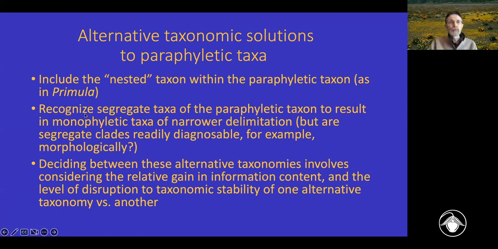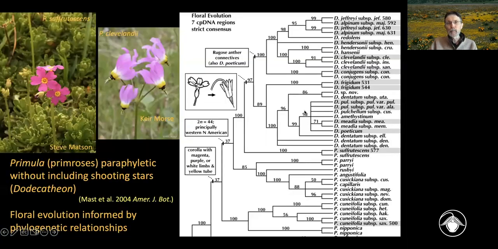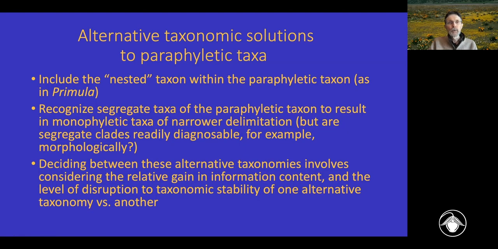But another alternative solution would be to recognize segregate genera of the paraphyletic taxon, that is to break up Primula into a set of monophyletic genera, which in this case would require several of narrow delimitation. And also the question arises, are these segregate genera readily diagnosable, for example, morphologically?